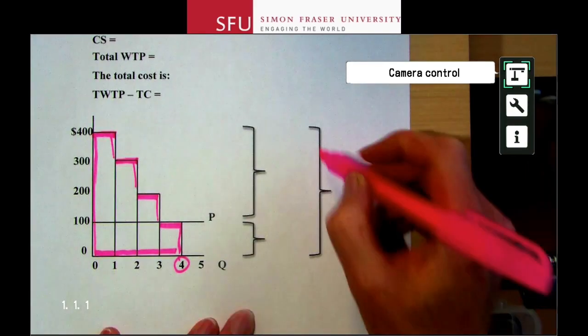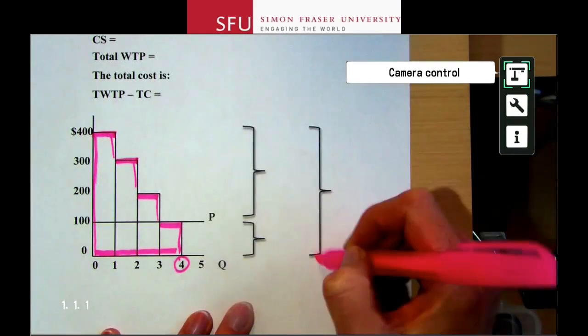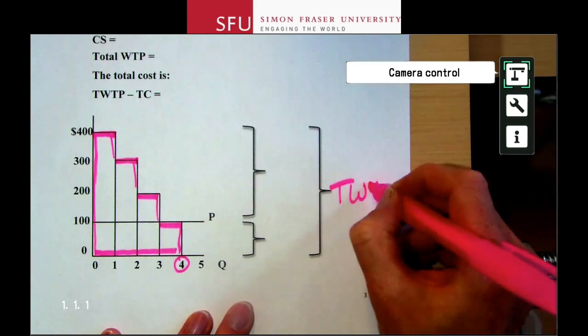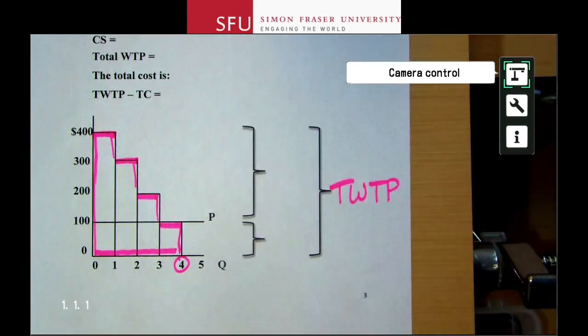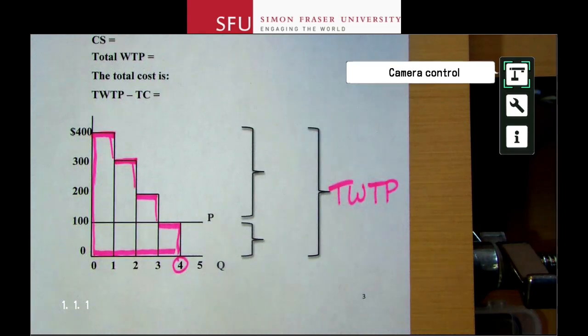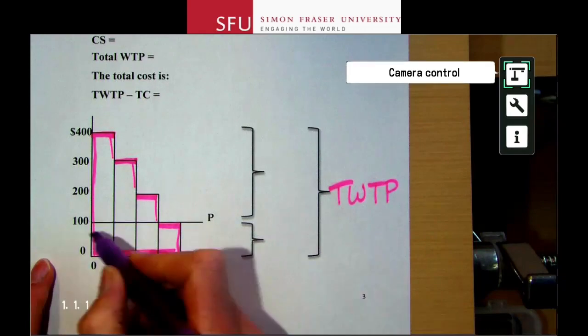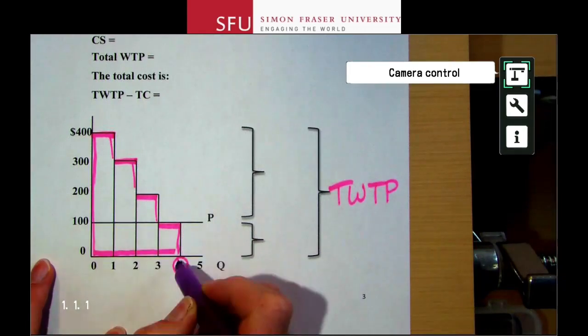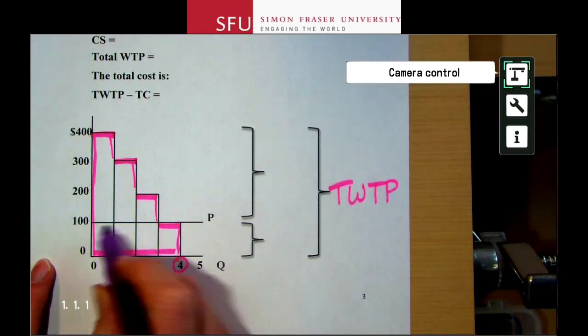So I've got this bracket over here, meaning the whole area is total willingness to pay. And then the cost that they actually pay is the price times the quantity. So that will always be this rectangular area.